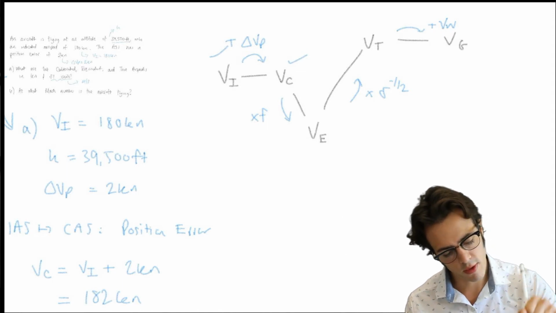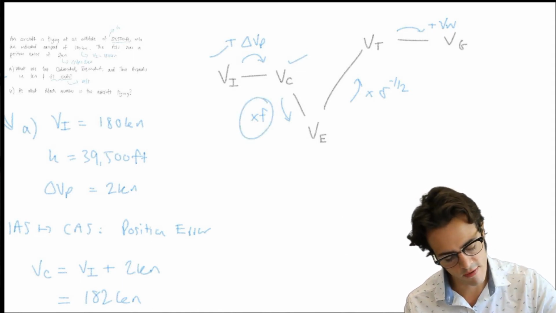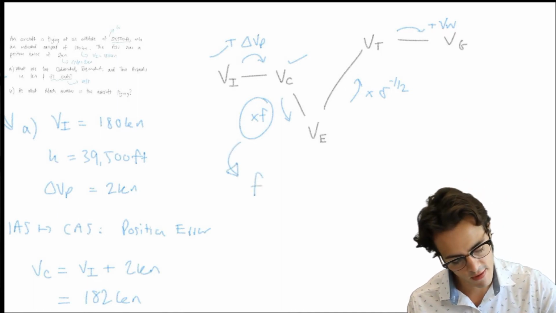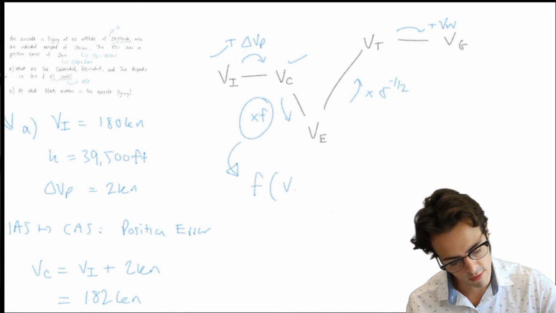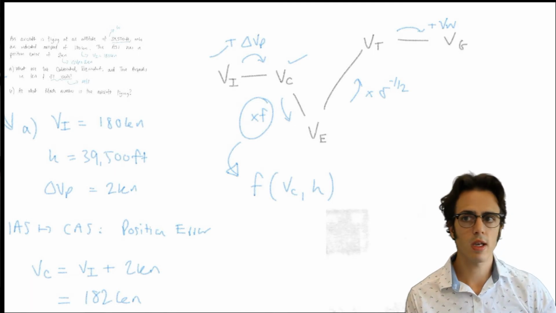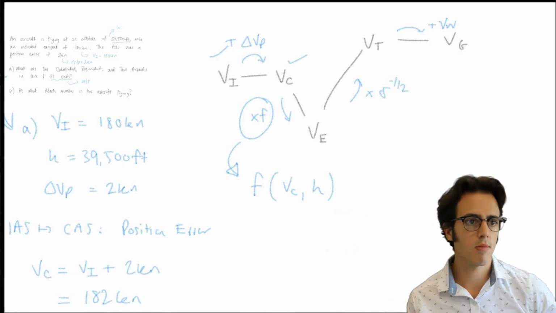We now want to go from VC to VE, so we need to know the value of the pressure correction factor. Now remember, F is a function of VC and the altitude at which we're flying. So we can look this up in the table. Let me get the pressure correction table up.